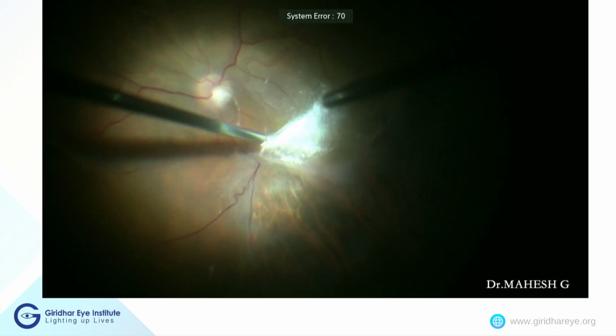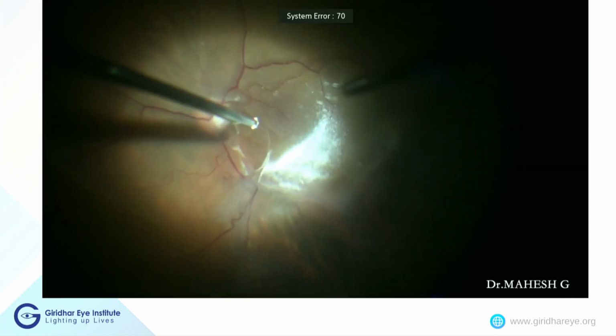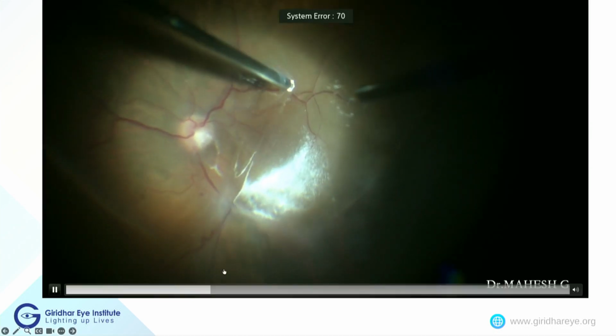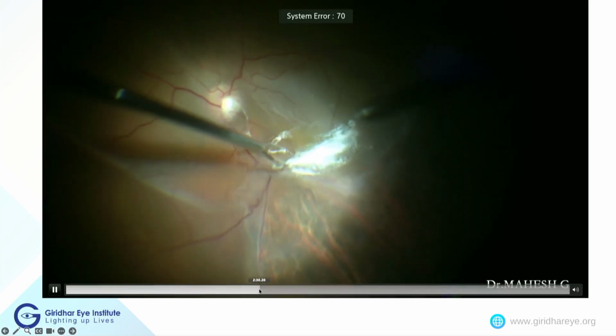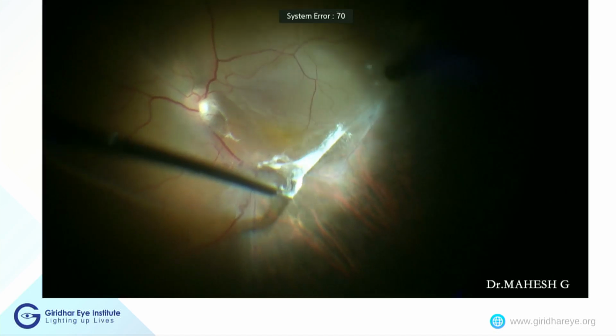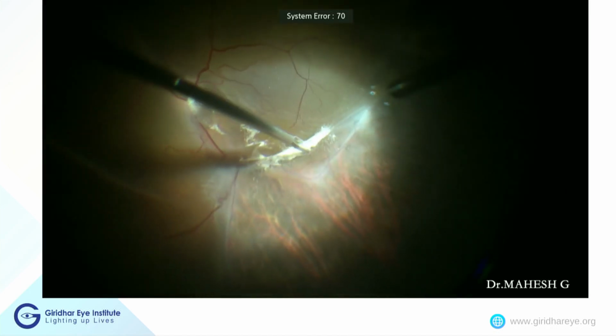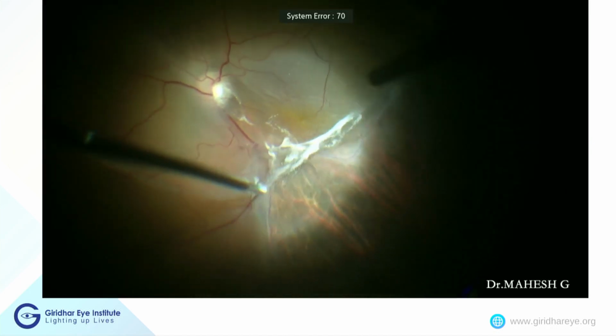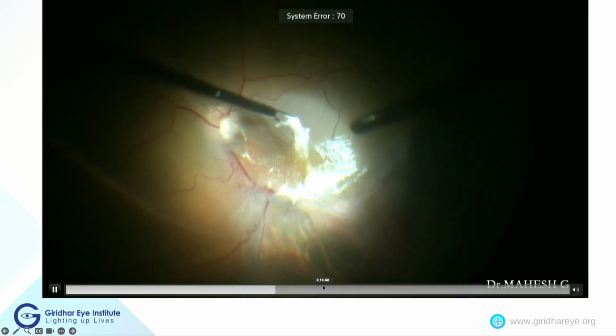I made a couple of breaks and with the forceps somehow managed PVD at least in the other areas, shaved the vitreous and put silicone oil. So this is a very difficult surgery.